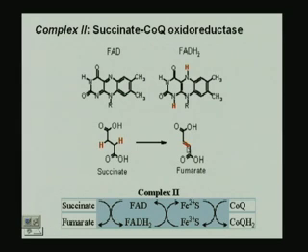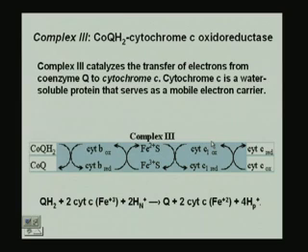It is a dehydrogenase because you are removing the hydrogens from succinate, or it is also known as succinate CoQ oxidoreductase. Okay. But this enzyme can also be called succinate dehydrogenase because it is taking the hydrogens from succinate and forming fumarate. Okay. This is actually complex 2, but there are no protons transferred.